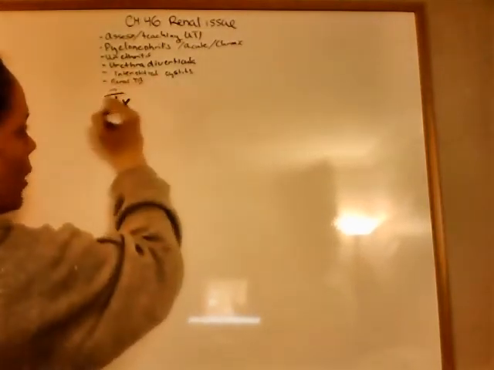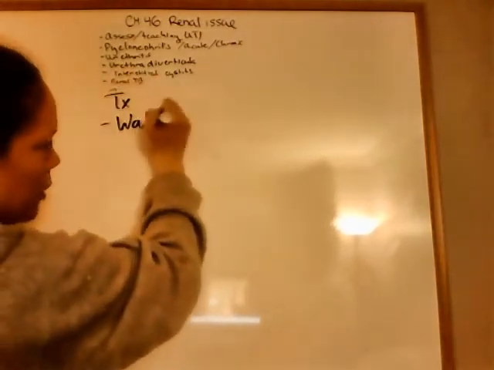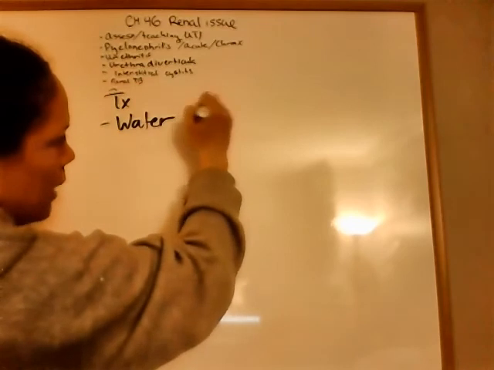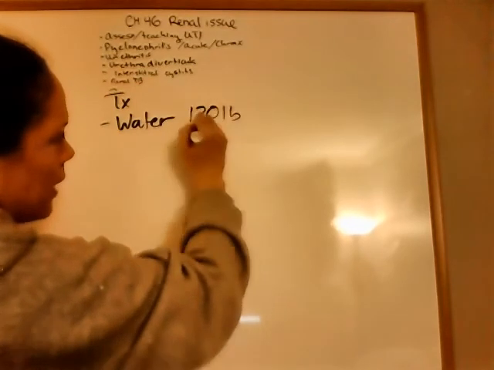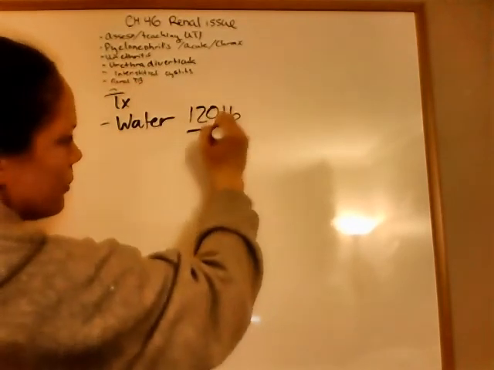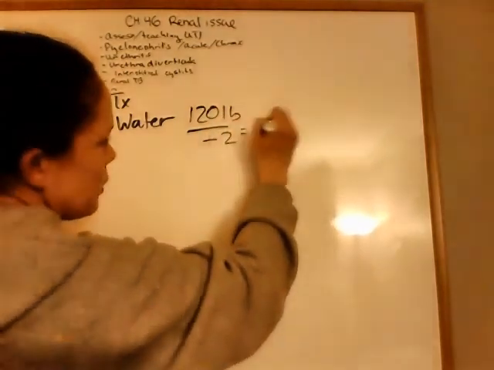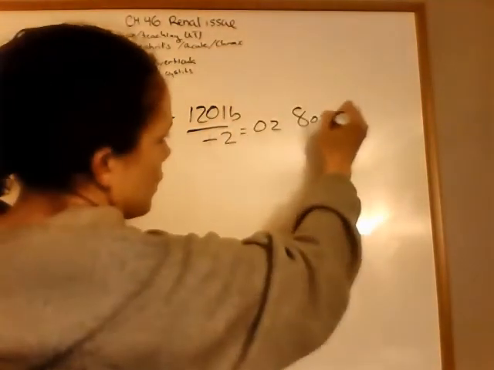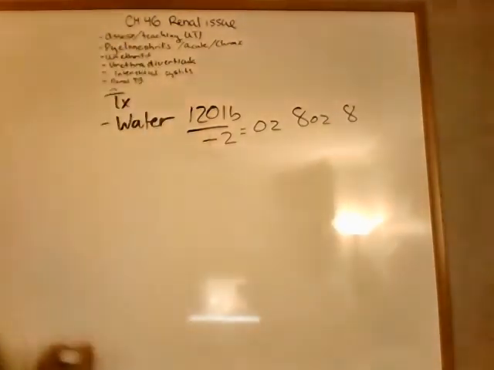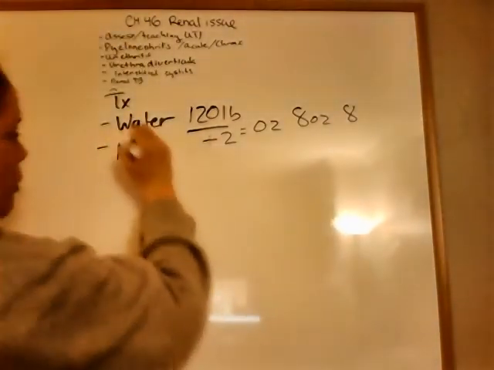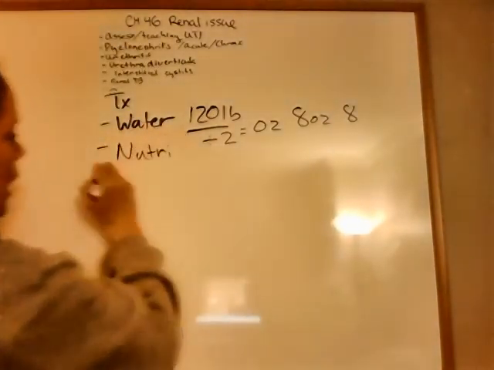One, plenty of water intake, and I said that before. You can take the weight of somebody and divide it in half, and that's how many ounces that you should get, or just 8 glasses of 8 ounce water. So proper nutrition, proper hydration, that could be important.